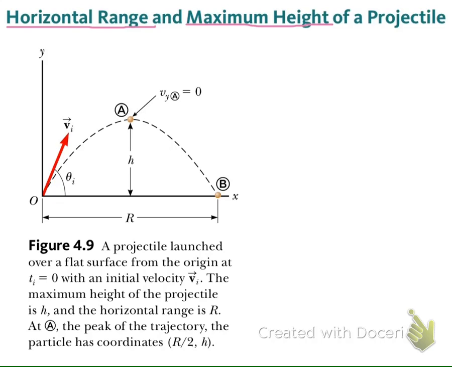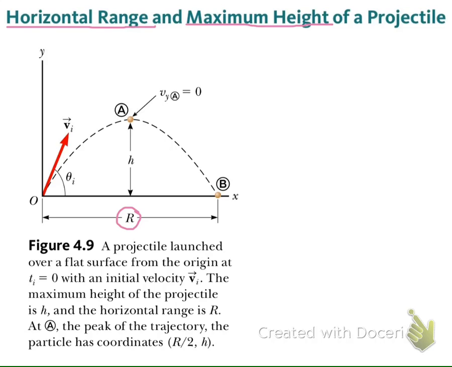If you look at this figure, you can see that the object starts here and moves along the dashed curve, and then when it hits the ground again, the distance from the initial position to the final position in the x direction, we call this the length of the projectile.